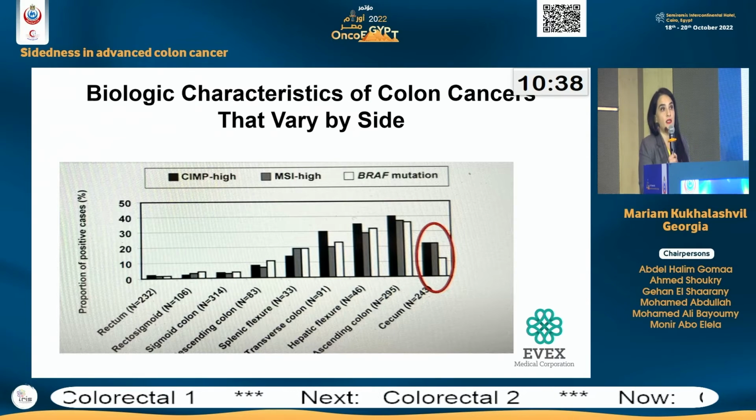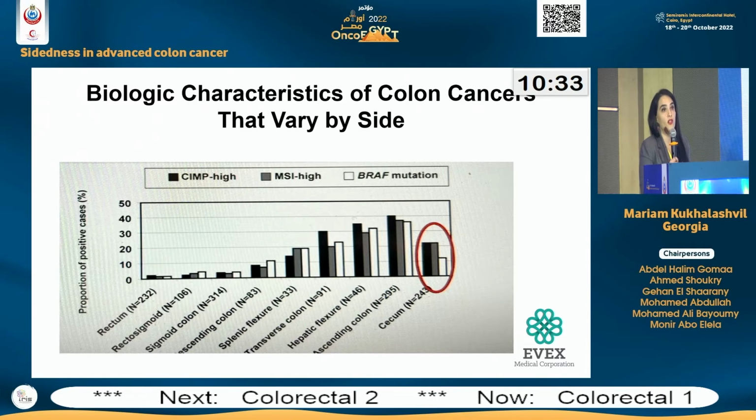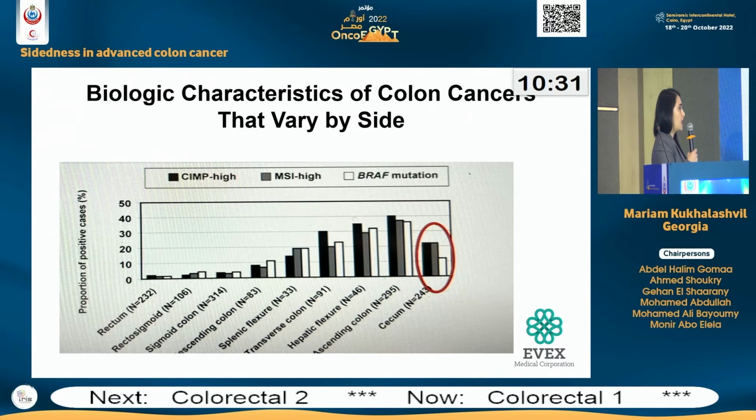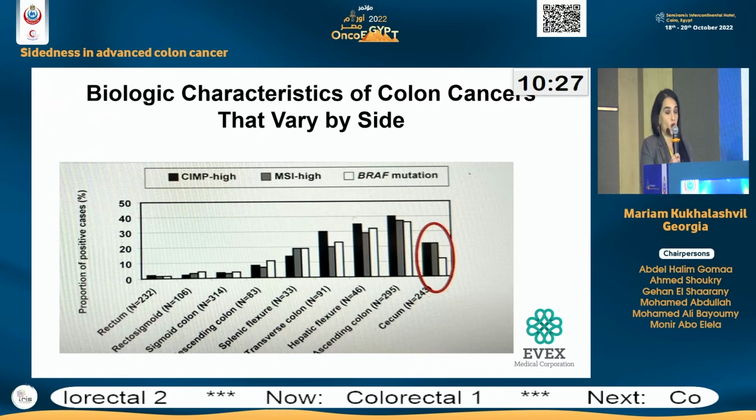Also, metastasis is different. Right-sided colon cancer metastasizes mostly to the peritoneum, and left-sided colorectal cancer metastasizes to the thorax, and less commonly to the bones.